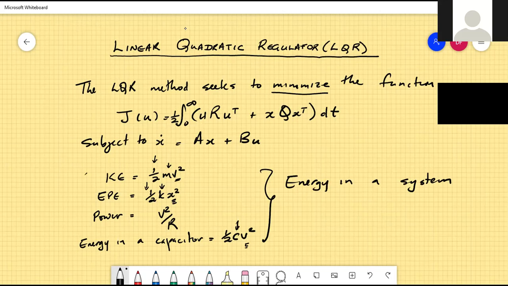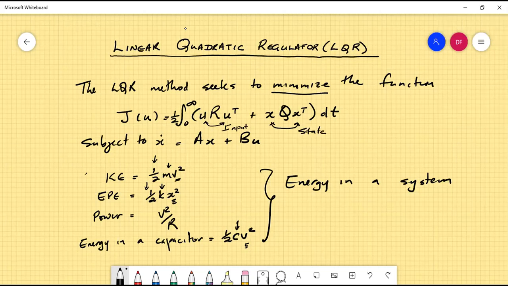So now this u is the input, and these x's are our states.